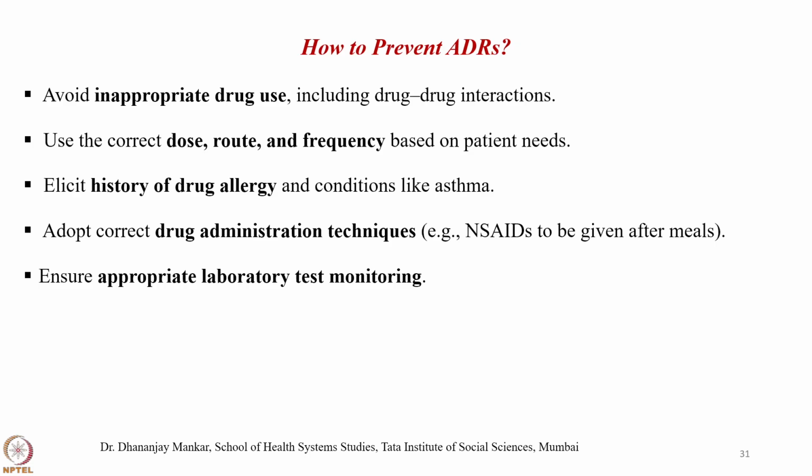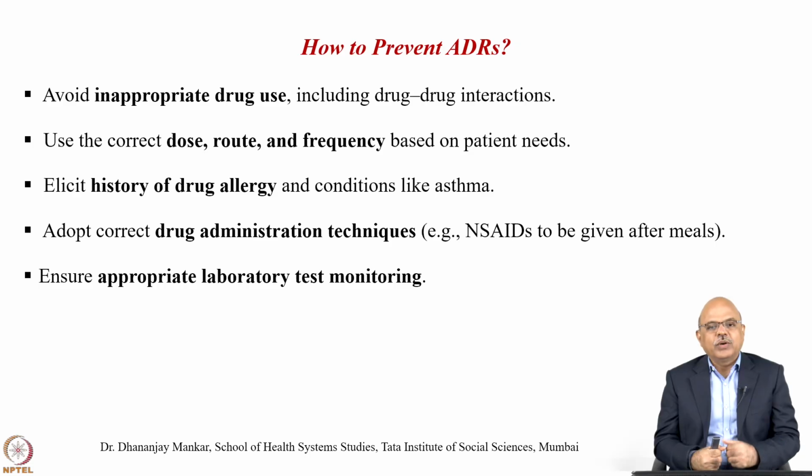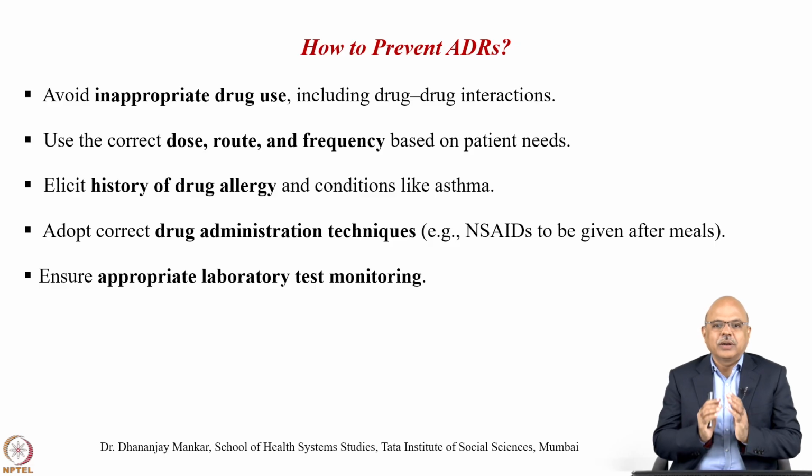How to prevent ADRs from happening? If adverse drug reactions need to be prevented, avoid inappropriate drug use, including drug-to-drug interactions. Use the correct dose, correct route, and frequency based on the patient's need.